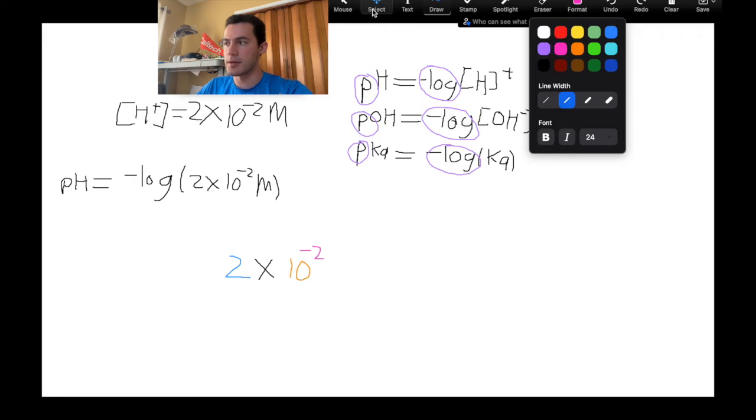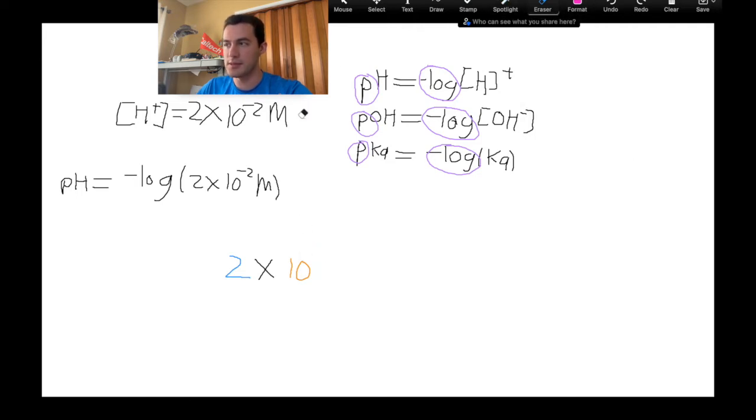So in order to get our final answer, actually, let me erase this negative because the negative won't be needed, as you'll start to see. I'm going to put the negative in black, and then I'm going to put the 2 in pink, just like that. So what we're going to do is take the exponent, just the 2, ignore the negative. We're just going to take the magnitude of the exponent and subtract 1 from it. So 2 minus 1 makes 1.